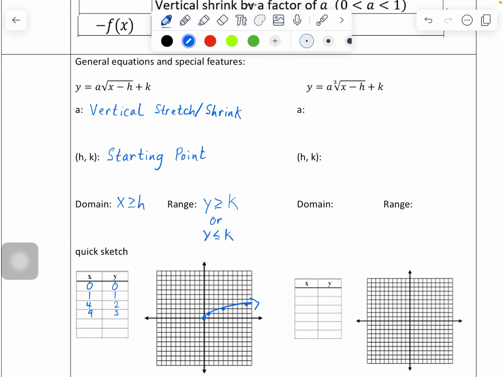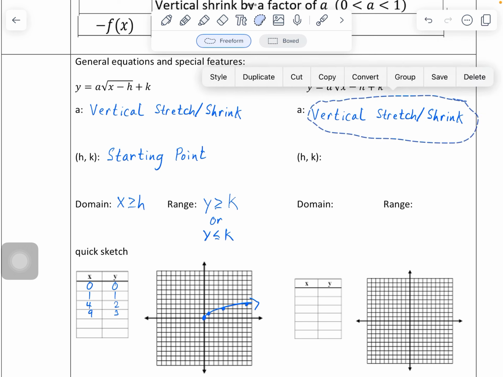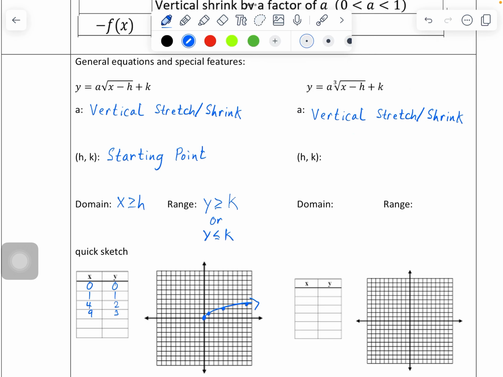Now when we're talking about the cubed root function, the a value still means the same thing. I'm just going to copy this over here. So it is still the vertical stretch or shrink. It is still going to be the starting point, but in this case, I shouldn't actually call it the starting point.